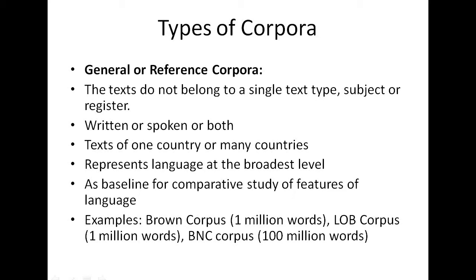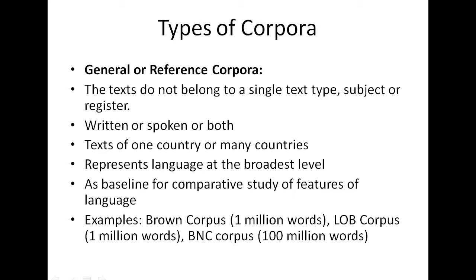This means that the principle that works behind the collection of corpora is what differentiates and establishes the type of corpora. And the first type is general or reference corpora, a very important kind and type of corpora.